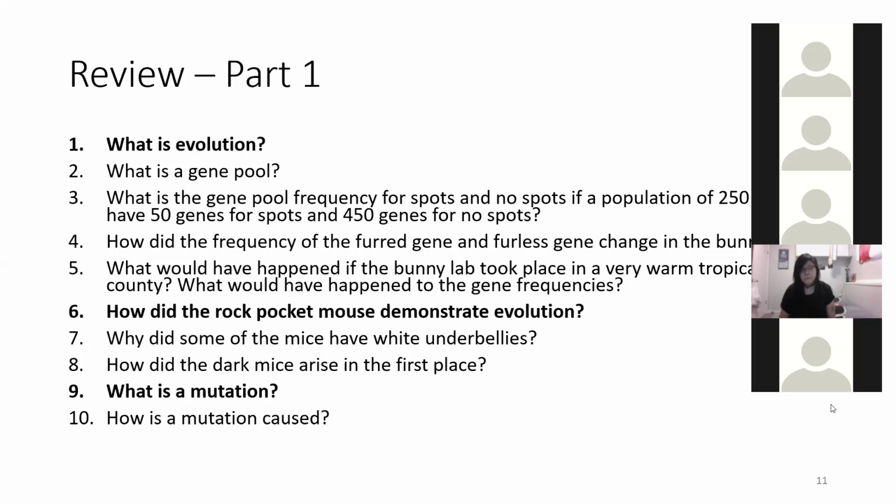Okay. Chemicals in the environment, sunlight. Sunlight can damage DNA. And that's all I can think of at this point. So it can be the environment, it can be just bad luck. And there's certain chemicals that if you take them into your body, they can also cause problems or cause mutations.